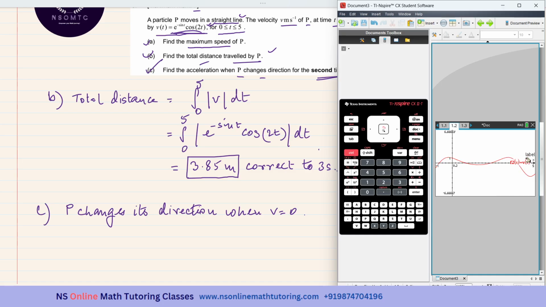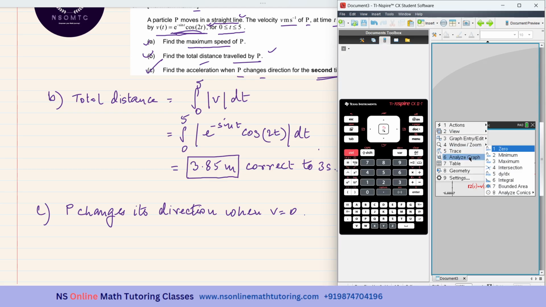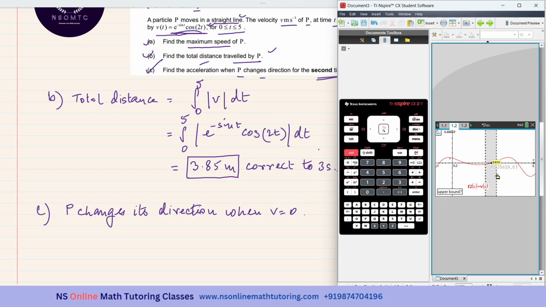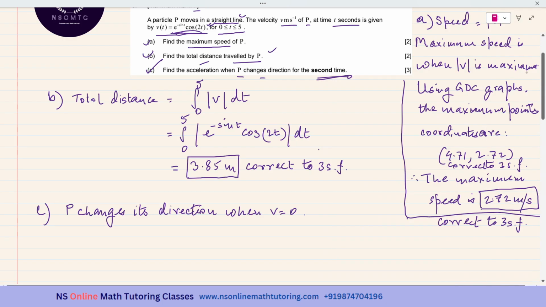Okay, fine, we have got the graph from -1 to 5, and we are seeing that it is changing the direction first over here and second over here. So we will be getting this time. Okay, so this 0. So menu, analyze graph, and 0, and it is this one. So the particle P is changing its direction for the second time at 2.356 seconds.